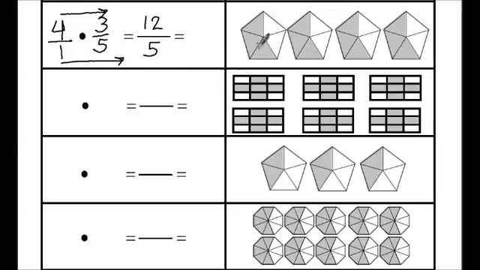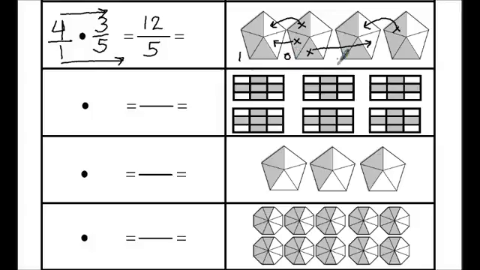So I have 12/5, and if I want to change that to a mixed number, I can move these pieces around and see that these 2 pieces would make one whole, and this piece moved over to this pentagon, and this last fifth moved over to fill that last space in the pentagon.